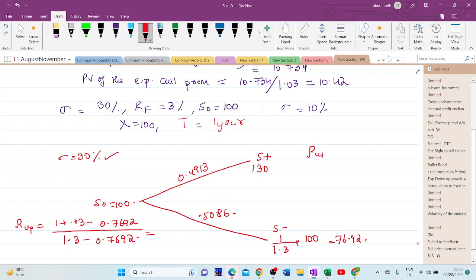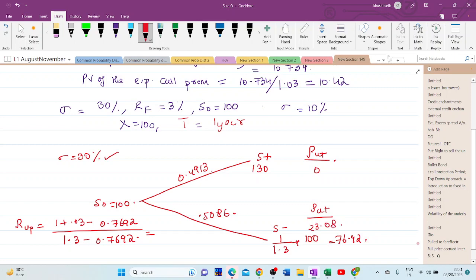तो पहले पुट का वैल्यू निकाल दो, राइट. द इंट्रिंसिक वैल्यू ऑफ द पुट in 1 year, that is at its expiry, in case the underlying goes up, is going to be 0, and if it goes down, then the intrinsic value of the put is going to be 100 minus 76.92, that is 23.08.